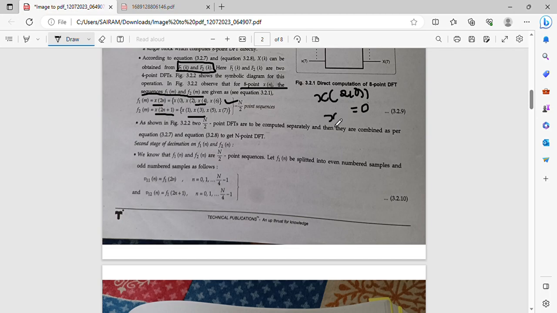And x of 2 into 1 is 2. If you substitute n equal to 2, then 2 into 2 is 4, and you get x of 4. Don't forget it is x of 4.